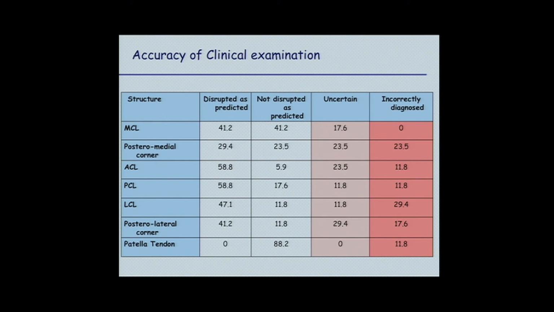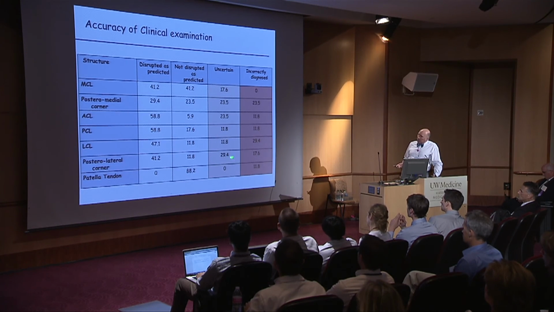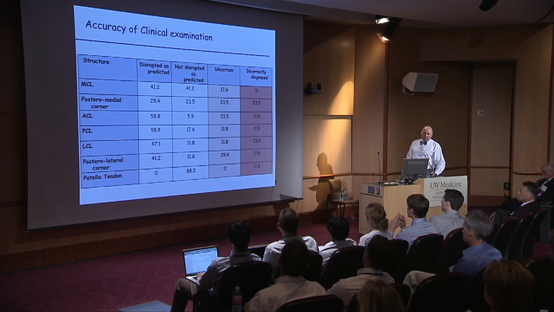So this was a study I did in association with Jens Chapman and one of the registrar residents in New Zealand, looking at the accuracy of clinical examination in these patients. And this is the uncertain or incorrectly diagnosed site of injury. You can see with things like the lateral collateral ligament and the posterolateral corner, the degree of uncertainty and inaccuracy in this patient, due to all their other problems, is high.